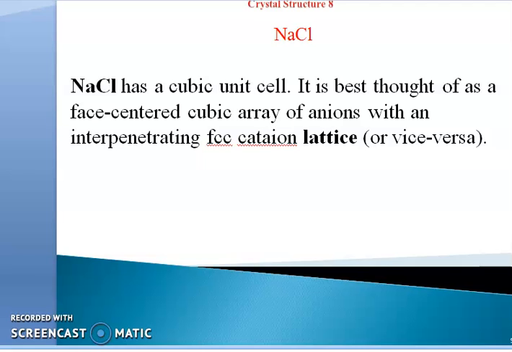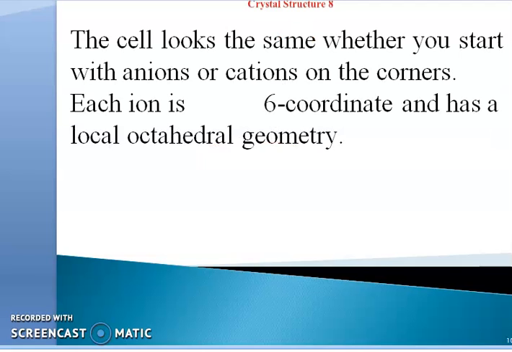And the shell of sodium chloride looks the same whether you start with anions or cations on the corners. Anions and cations, depending upon their negative and positive charge, ions are classified.